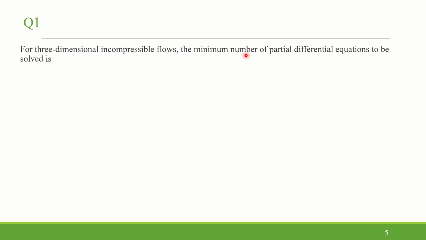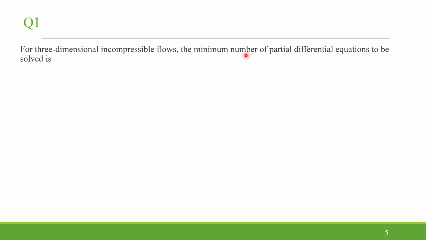So in last week, we dealt with a similar problem. In that, instead of incompressible flows, it was asked about compressible flows. So what did we do? For 3-dimensional compressible flows, how many partial differential equations do we need to solve? The first one was the continuity equation, and since it is a 3-dimensional problem, we had x momentum, y momentum and z momentum, 3 momentum conservation equations.